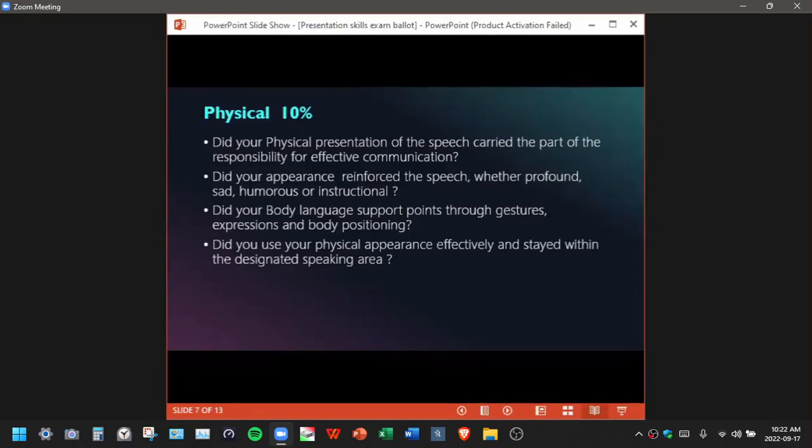So likewise, you can use transitions effectively.